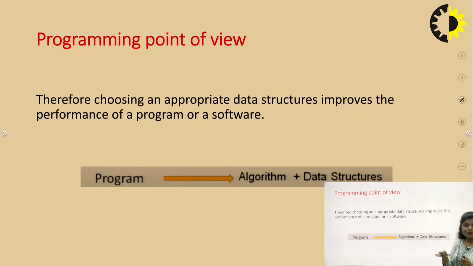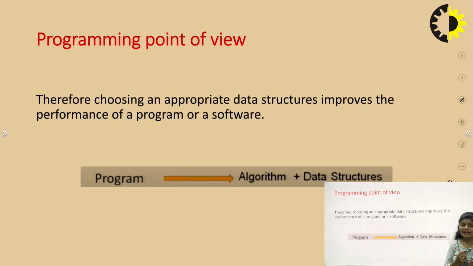When you write any program, you firstly write an algorithm, and you ask which data structure to use: can I use an array, can I use a queue, so that my program gives efficient output in a timely manner. So you must have knowledge about data structures. The algorithm and the type of data structure you use are combined to make the program.